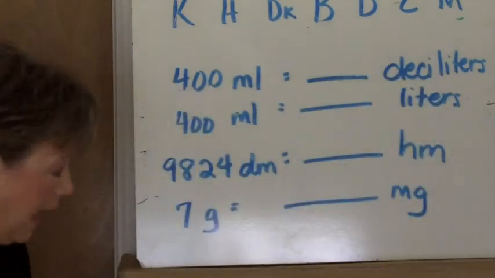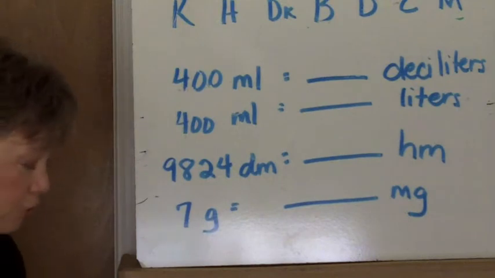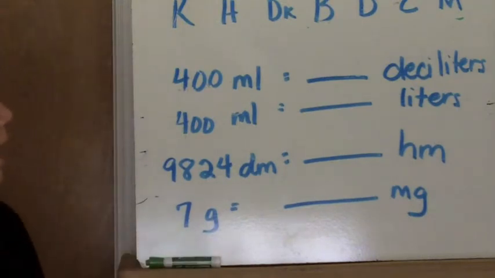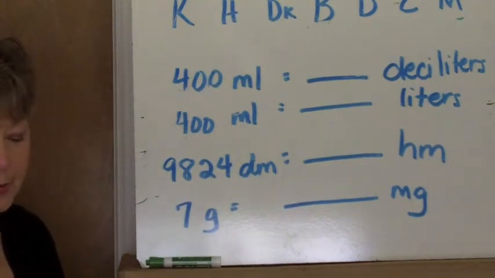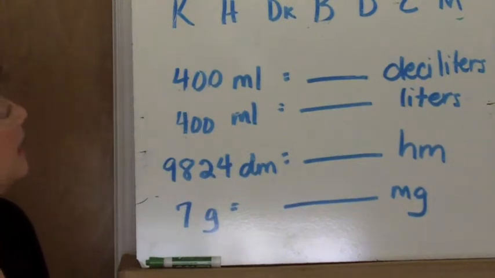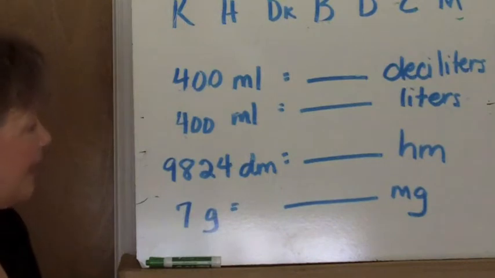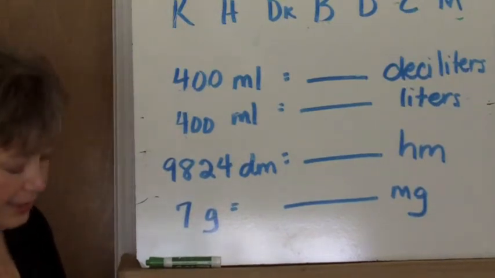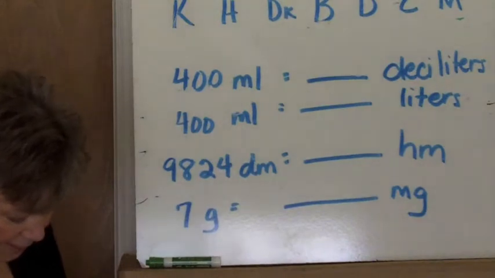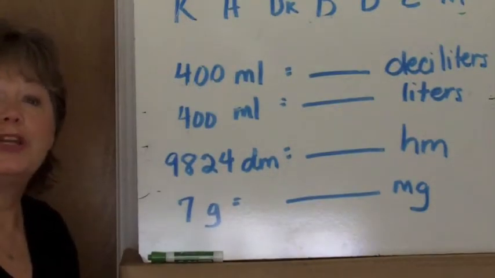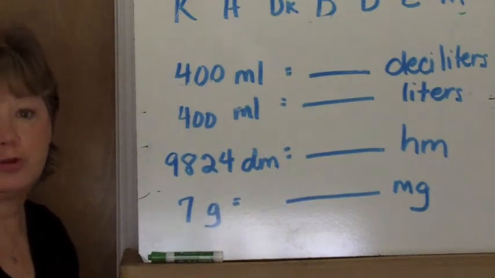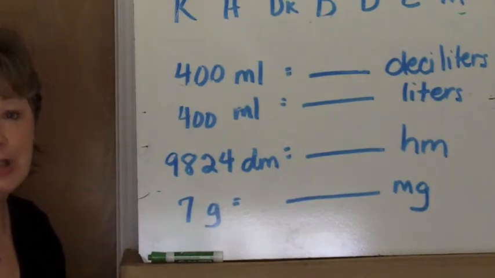So, I want to show you today one of the things that is so wonderful about the metric system is the fact that it is on this base unit of 10, and so it does make converting very, very easy. In our last video, you were introduced to metric conversion, what it takes to do that.